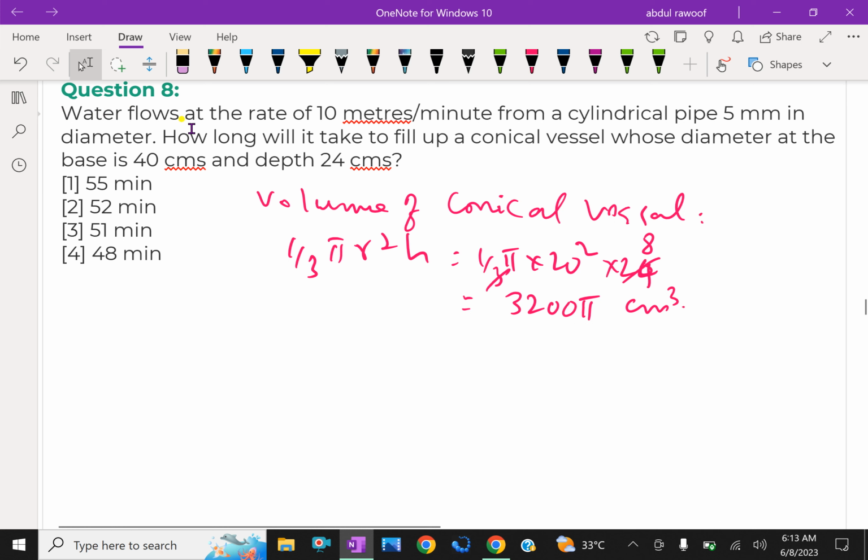Now, water flows at the rate of 10 meters per minute from a cylindrical pipe of 5 mm in diameter. We have to find the volume of flow.